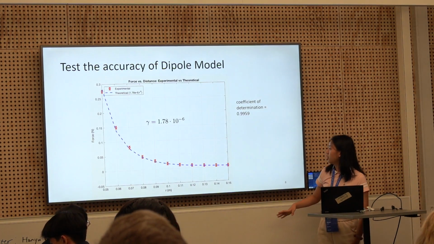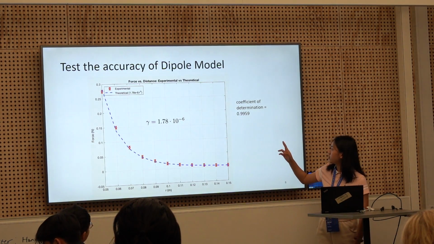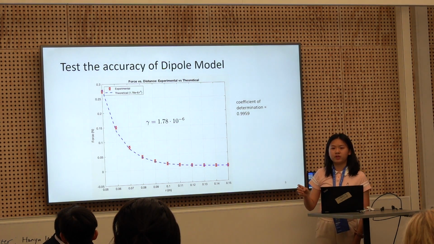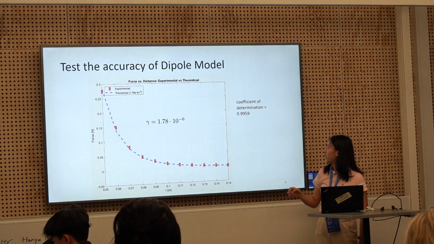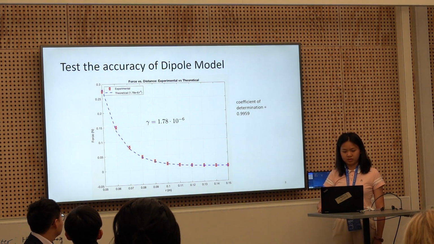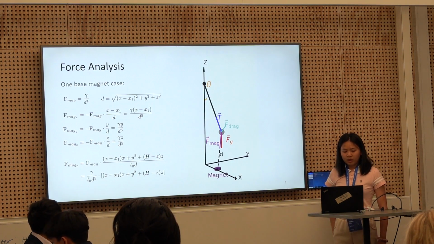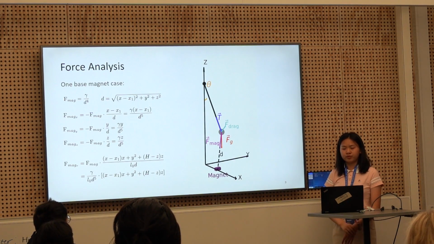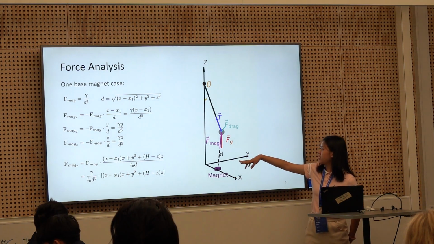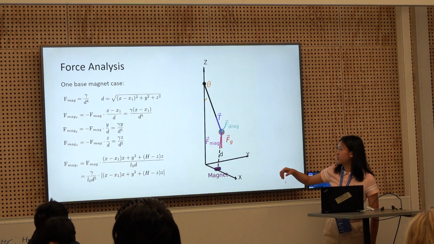It fits pretty well, and we get the coefficient of the magnetic force by fitting the data. And the coefficient of determination is close to 1, so it fits pretty well. So we kind of proved the force between 2 magnets is a constant over r to the fourth, and we denote the distance between those 2 magnets as d, and the constant is gamma.